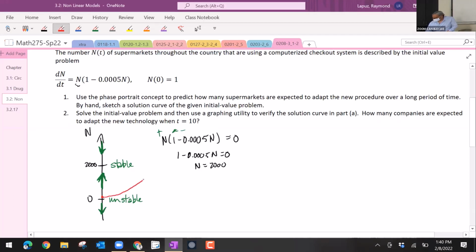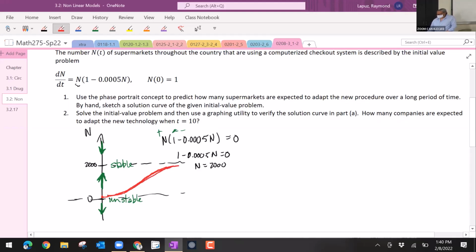We know that we're going to be strictly increasing, and we also know that we're going to have some sort of exponential growth or logistic growth. And so we can imagine the graph should look something like this. Without solving for anything yet, we can already picture what the graph would look like.